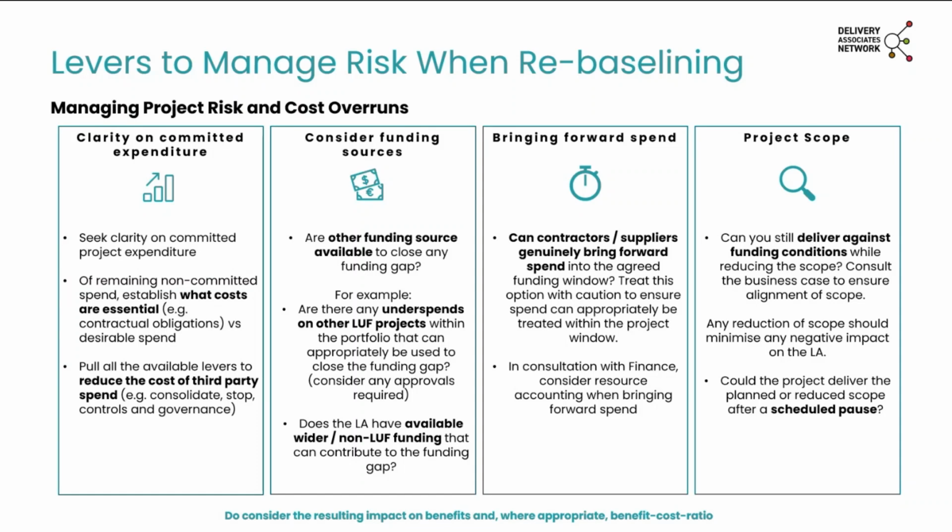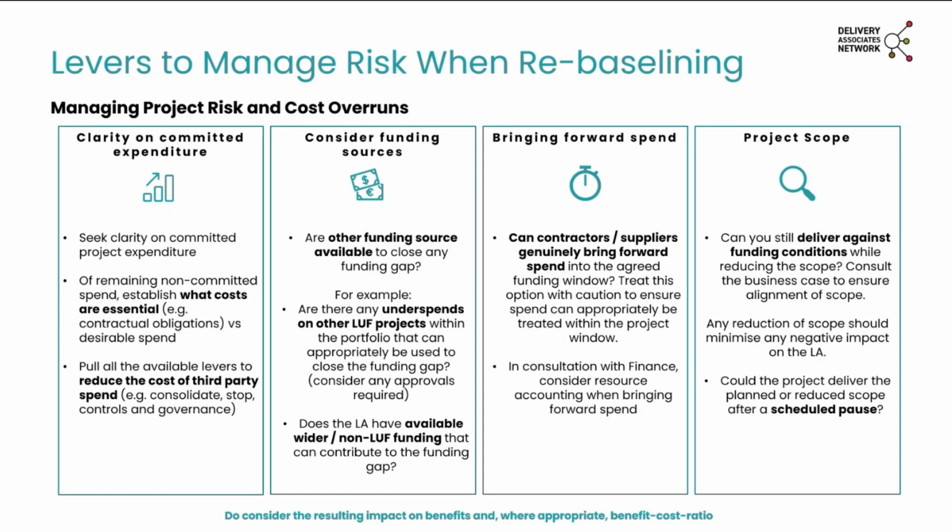Where you're looking to reduce costs, then you may be able to pull some levers there to reduce the non-essential spend or reduce the uncommitted expenditure, but only to the extent possible that you can deliver the project within the clarified scope.